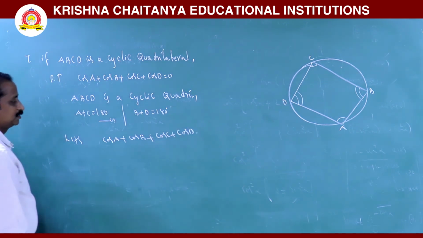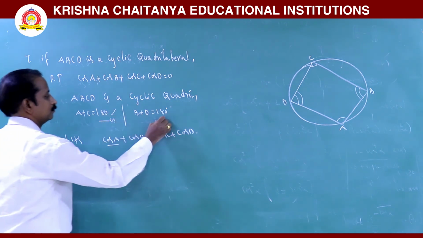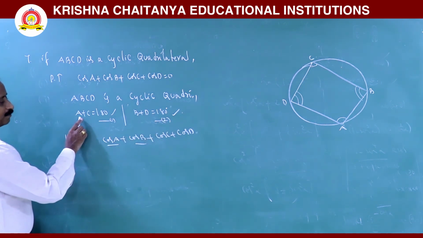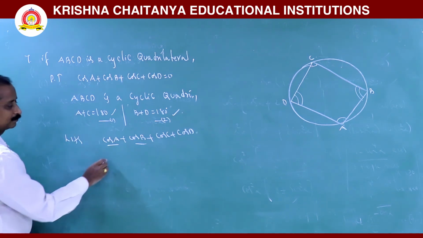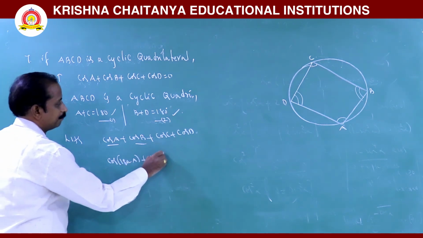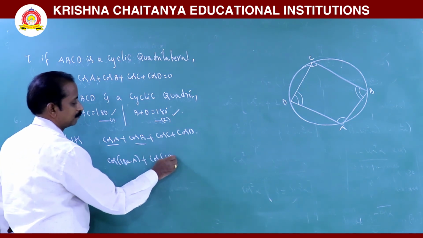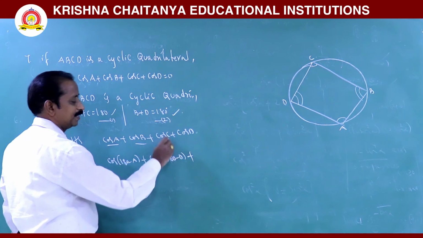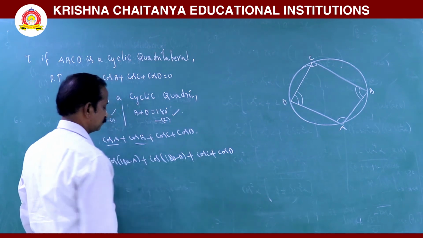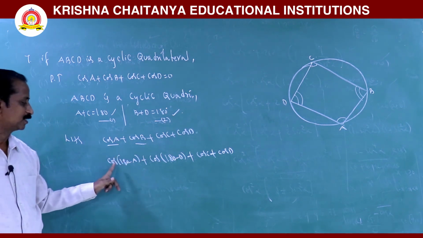Now we are changing cos A function and cos B function using equations 1 and 2. From the first equation, instead of A, we can write 180 minus A. So therefore cos of 180 minus A plus, instead of B, from the second equation 180 minus D, cos of 180 minus D, and the remaining terms as they are, cos C plus cos D. We know that 180 minus A lies in the second quadrant, where cos is negative, and for this allied angle the cosine function does not change.